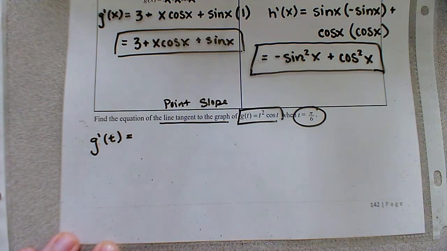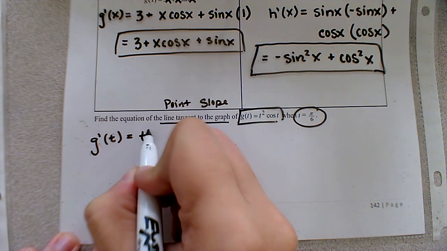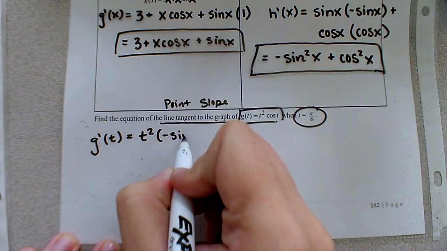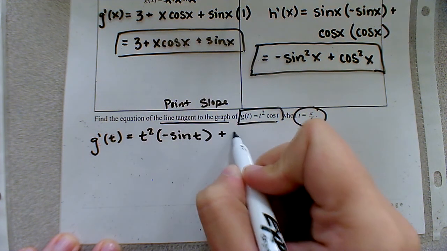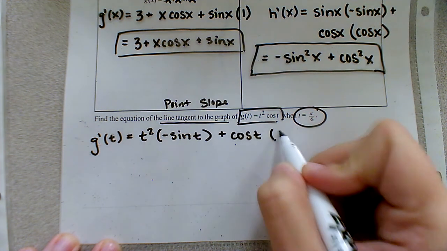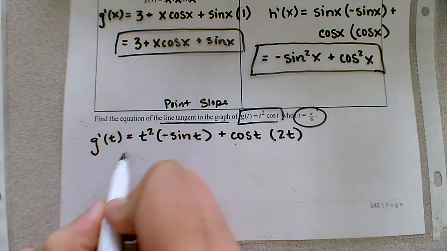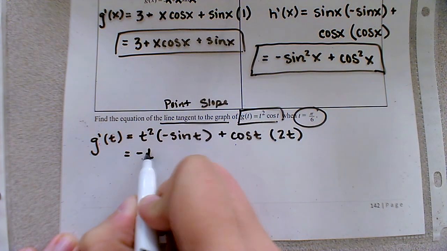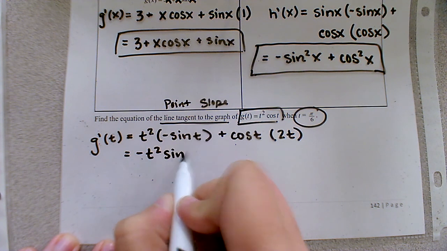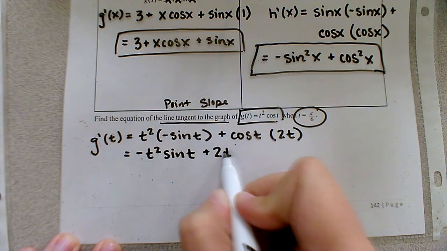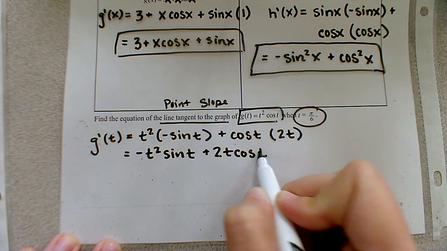So that word times in there showed up. We're going to have to go through our product rule shortcut. So we'll have 1 d2 plus 2 d1. If we clean it up a little bit, negative t squared sine of t plus 2t cosine of t.